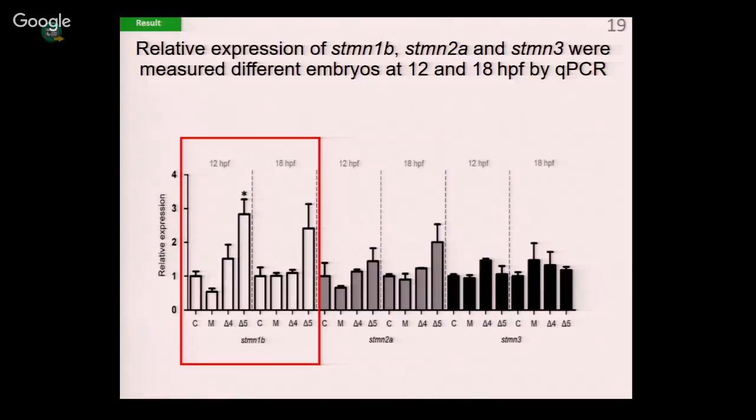Do you have any expectations of what kind of behavior would change? No, we do not have any behavioral data so far. But maybe because it's at the boundary between midbrain and hindbrain, there's probably some motor behavior or something like that.